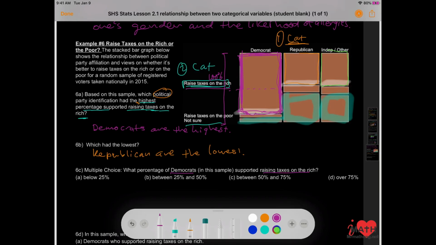If we cut it in half, I think that's more than 50. Is it between 50 and 75 or over 75%? If you take half of that again, this would be 50, 25, and I definitely think it's more than 75. So this is our correct answer. This whole thing is more than 75%. It's just an estimate.